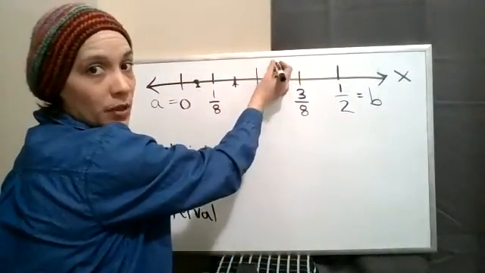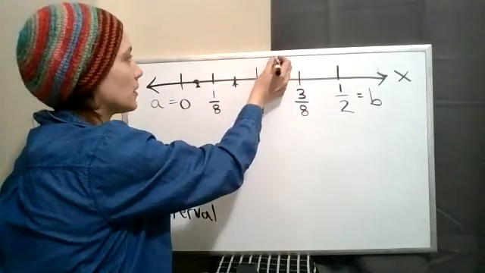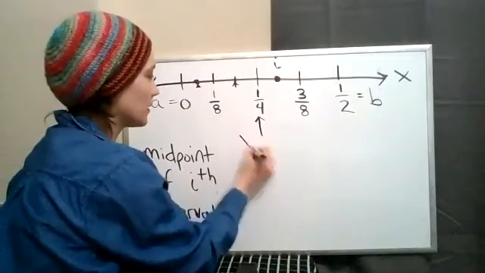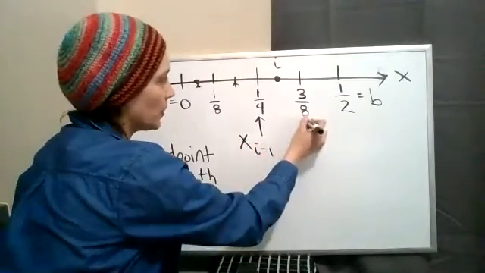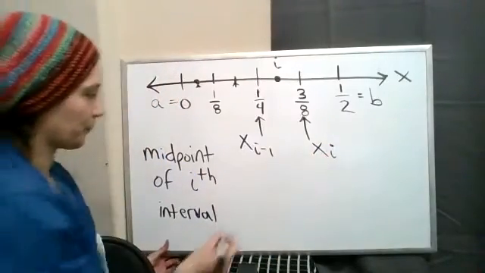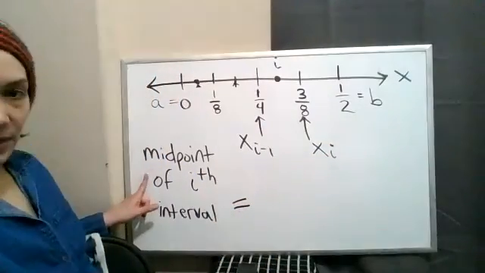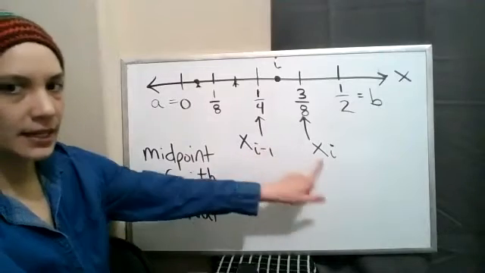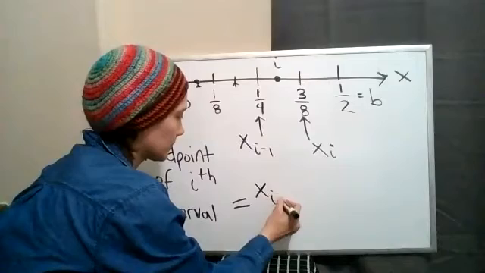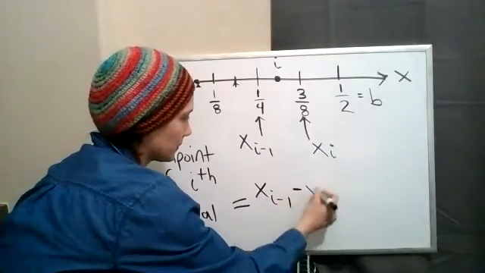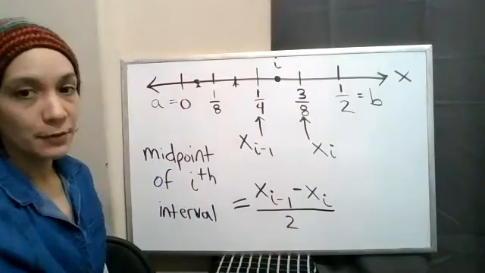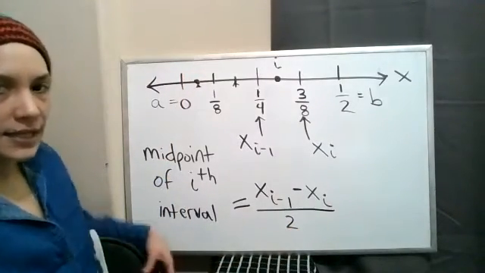For this example, we're calling this interval the ith interval, which makes this endpoint x sub i minus 1 and this part x sub i. So for the midpoint, take x sub i minus 1, add it to x sub i, and divide by 2. And I've been calling this number x sub i with a bar.